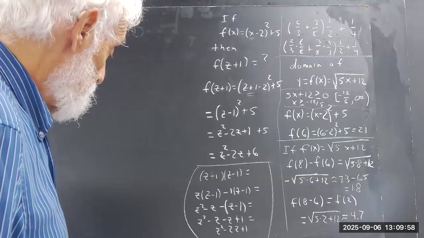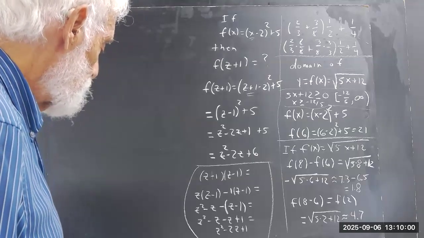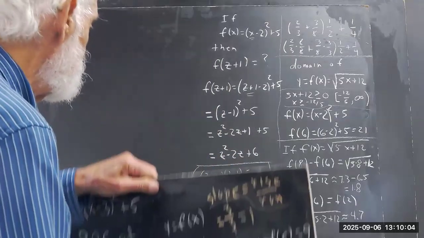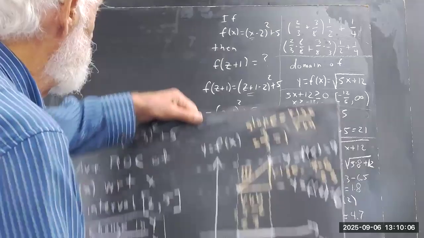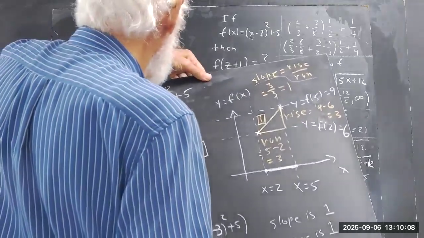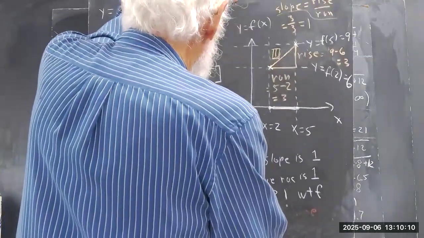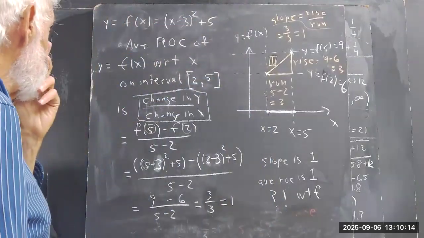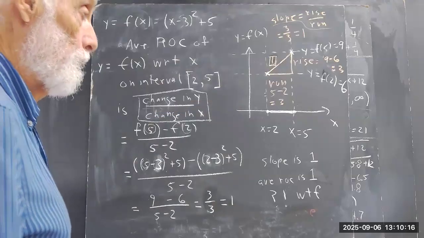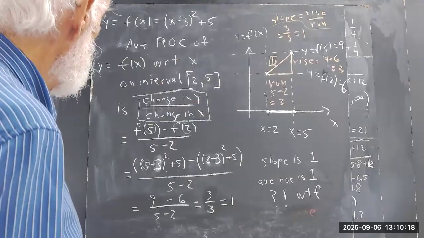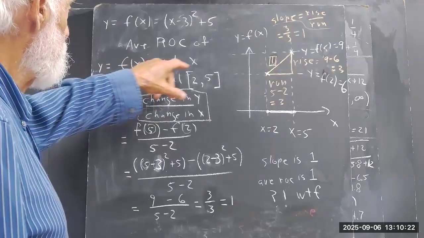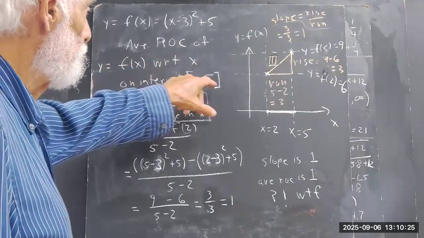Okay. Now, the thing I want to do next, and I've actually preserved it from when I did this without sound accidentally, is a very similar function, it's not the same function. f of x equals quantity x minus 3 squared plus 5. Very similar to the function I just did, okay? We want to find the average rate of change of y equals f of x with respect to x on the interval from 2 to 5.